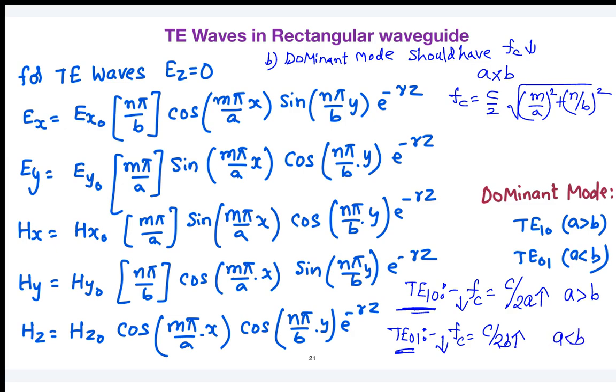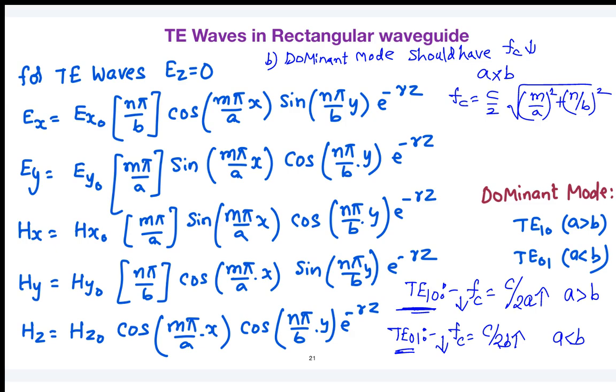The conclusion here is, when any problem is given in a rectangular waveguide, and if they say dominant mode, based upon the dimensions, you should choose whether it is TE10 or TE01. If a is greater than b, then you should consider TE10 as the dominant mode. And if a is lesser than b, TE01 is said to be the dominant mode. Is it clear?